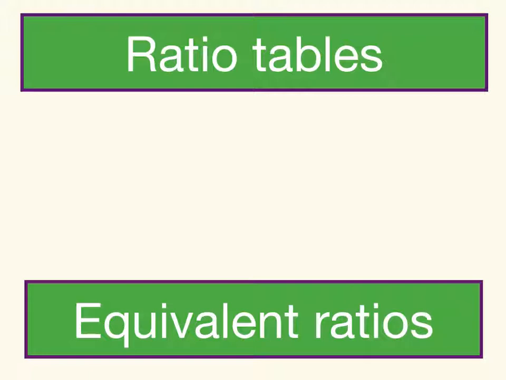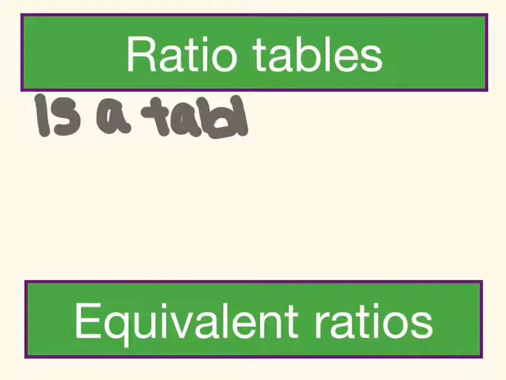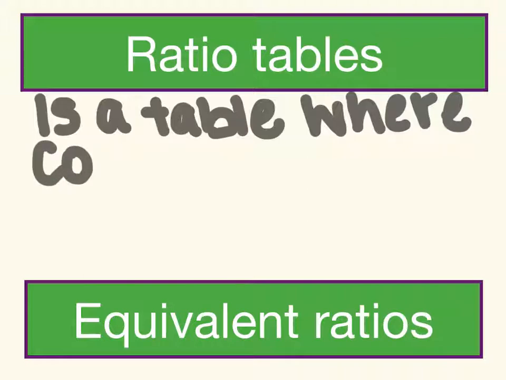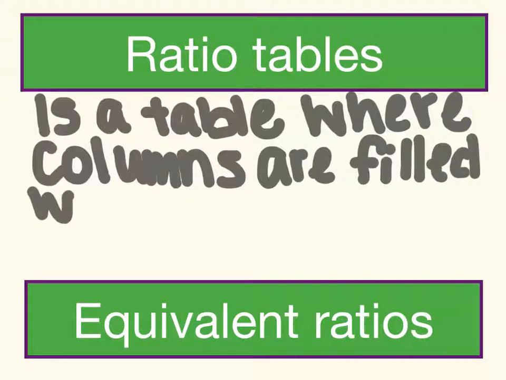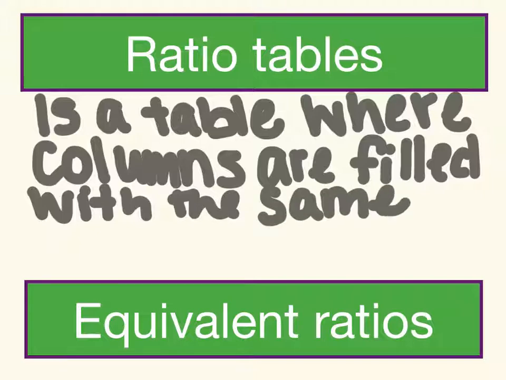A ratio table is a table where the columns are filled with pairs of numbers having the same ratio.